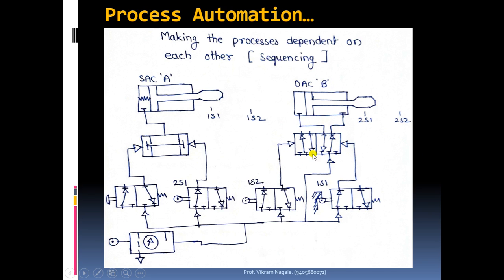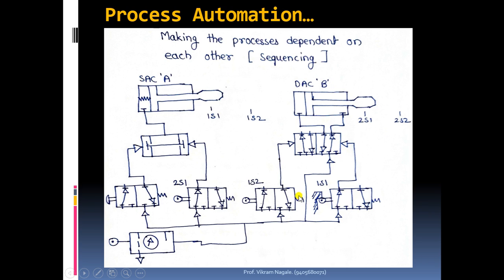Now here, in order to control this 5 by 2 double sided air operated valve, we will need one controlling valve which will apply pressure on the left hand side of the valve as per our requirement, and one more controlling valve which will apply pressure on the right hand side of this valve as per our requirement.